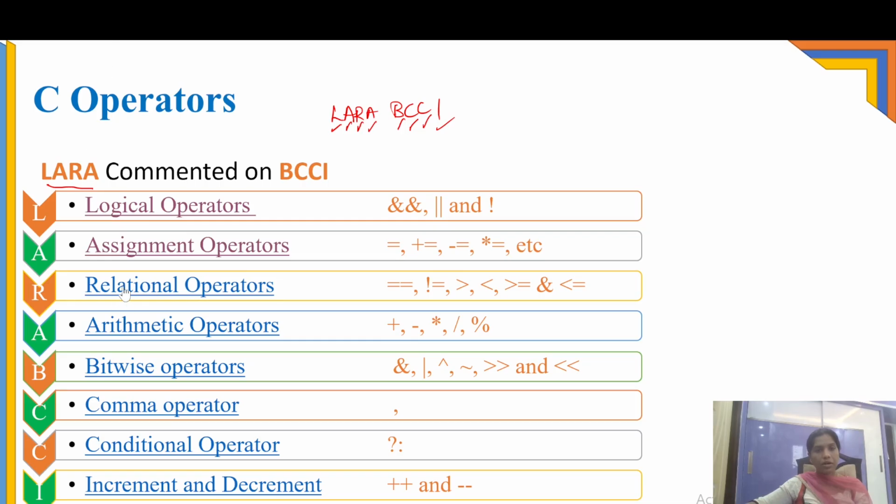Next, relational operators. Generally between persons, how can we define the relation? Either brother, sister, like that, right? But in numbers, 2, 3, 5, how can we define the relation? 2, 3, how can we define the relation? 2 is less than 3.